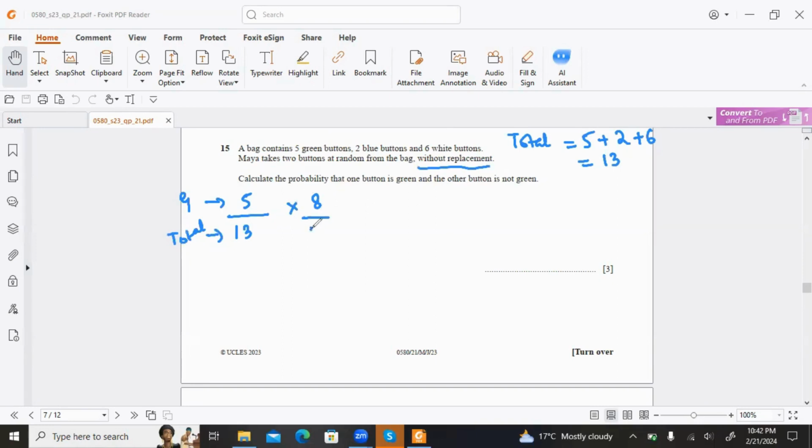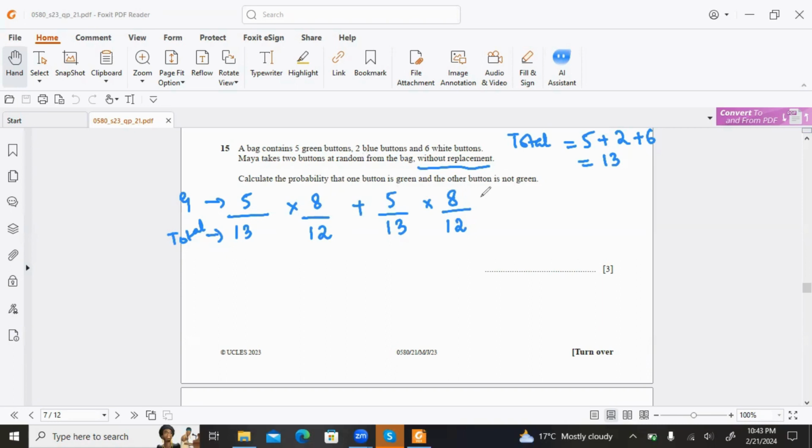So the total now changes to 12. Now in the second case, we take a green button second: 5 over 13 remains the same, 8 once again will be the total, and it's going to be 12 again.